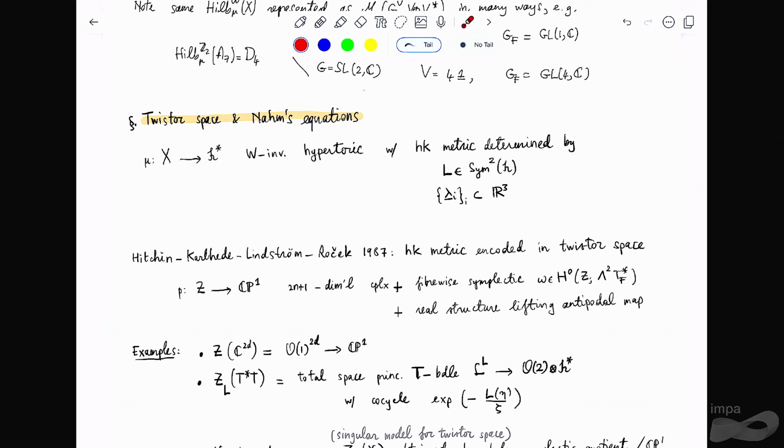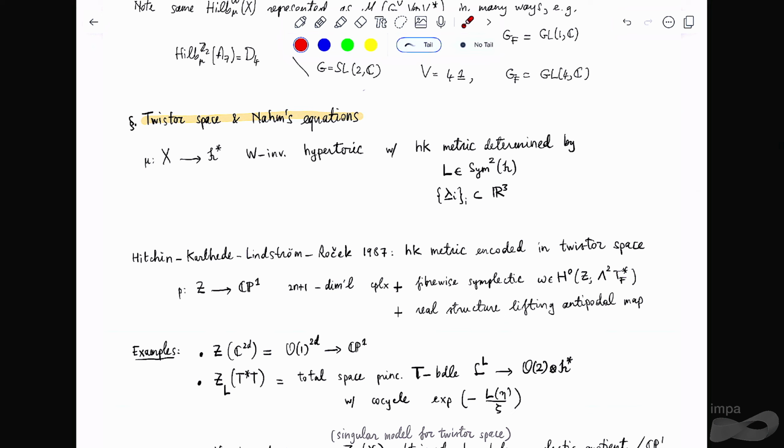Okay, so we have our hypertoric variety that is tri-invariant in this strong sense, and we have this complex data. The Hyper-Kähler metric actually depends on extra parameters, this symmetric matrix L, and the triplets of level sets for the moment map.